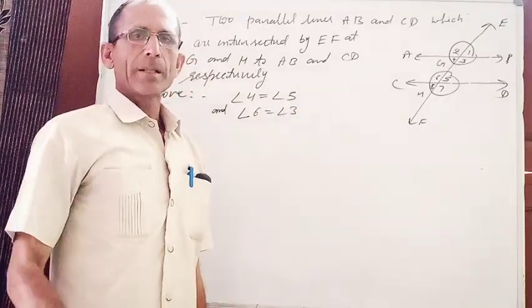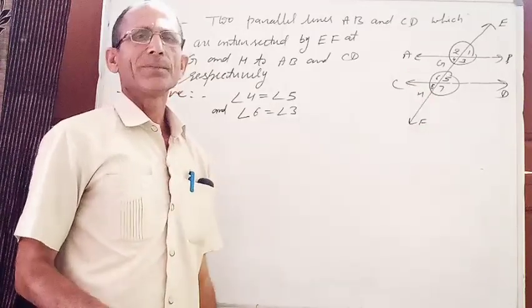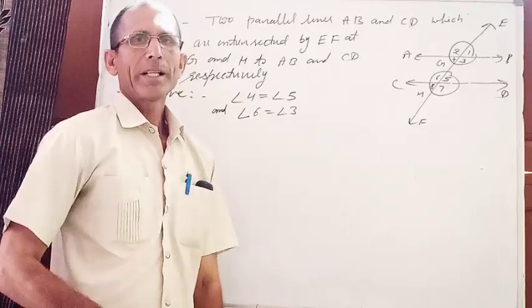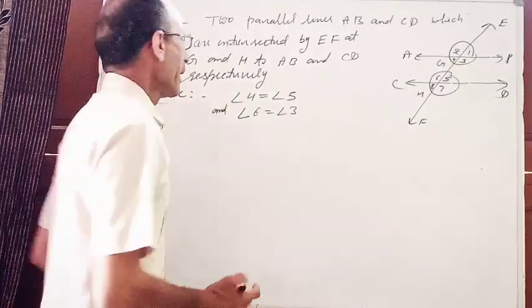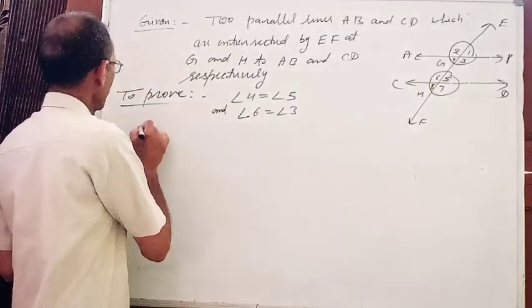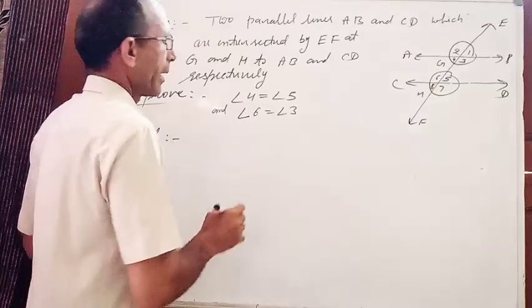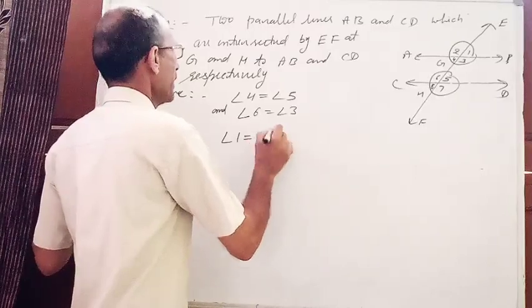So I just proved that if two parallel lines are there, then corresponding angles are equal. Now proof. Angle 1 is equal to angle 5.